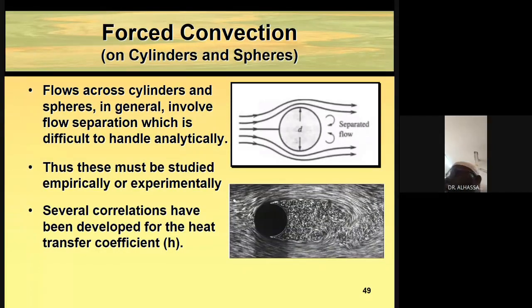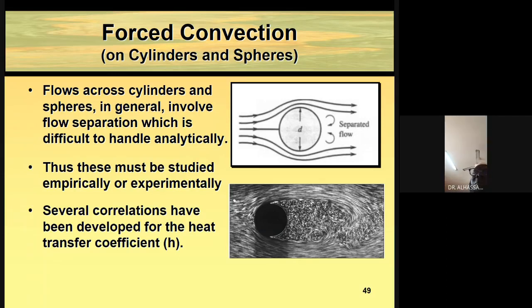Basically, all the equations that we have derived, we will try to use them in solving questions later on. But today, our discussion is going to focus on forced convection across a cylinder. Last week, we looked at forced convection across flat surfaces, or let's say horizontal flat surfaces.